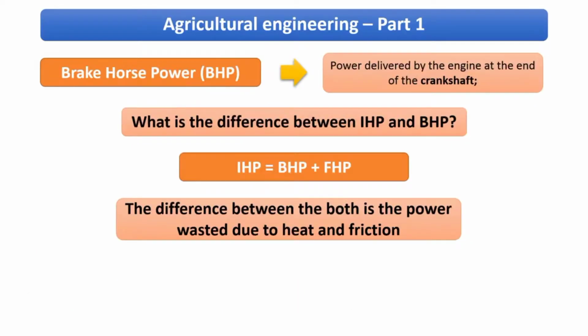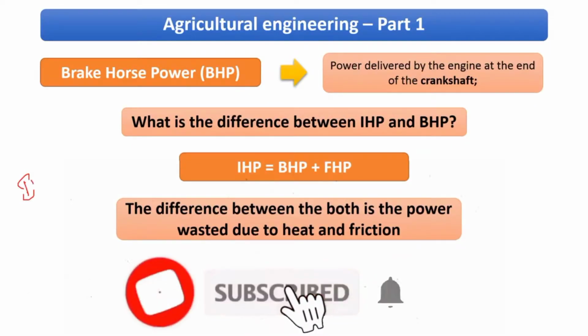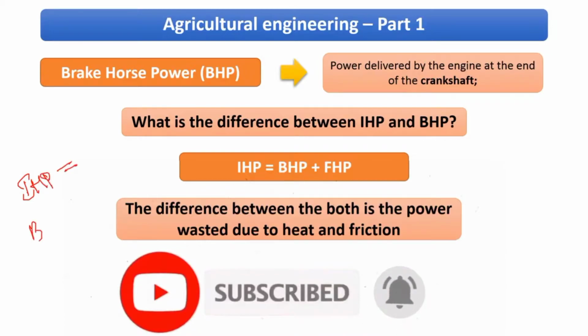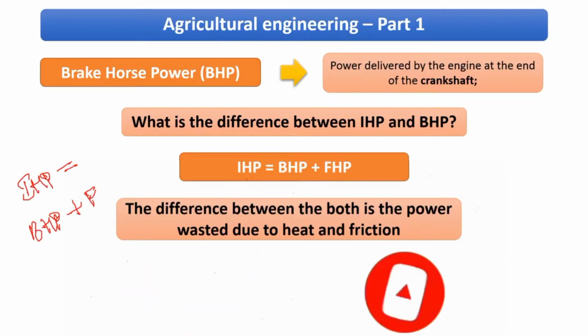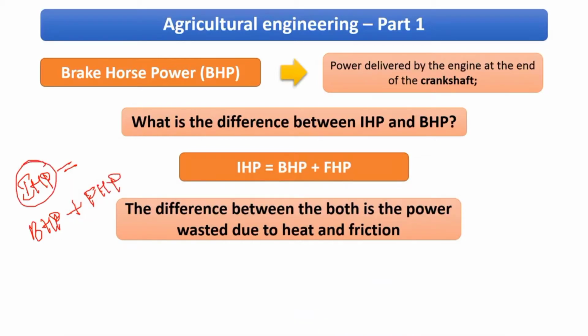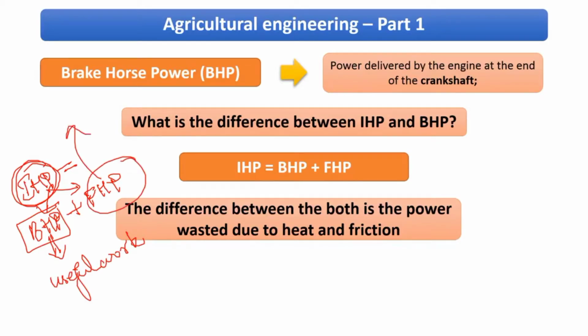So here you see, indicated horsepower is nothing but brake horsepower plus frictional horsepower. This is the total power that is required to run an engine, and it has two components, as I told you. Brake horsepower is the power which is actually utilized for useful work. Frictional horsepower is the power which is utilized but not for any useful work; it goes as wastage due to friction in the engine.